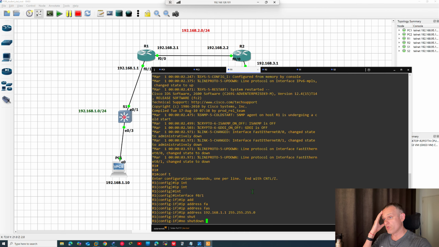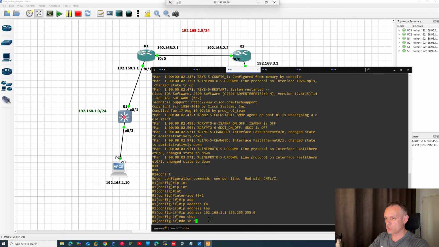No shutdown, because for example in Cisco Packet Tracer you can see on your scheme, if it's green, that means the interface works. But here every interface is green, even if it doesn't work. Okay, I want to show you this.